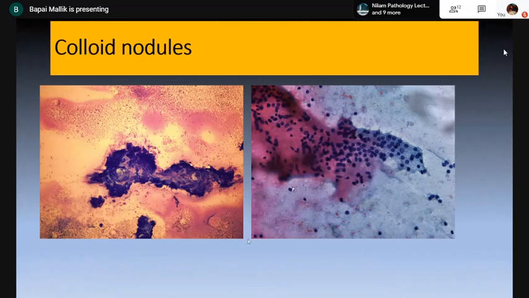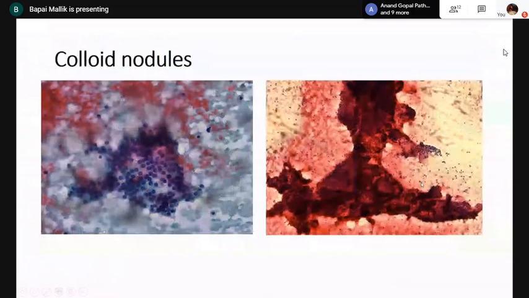Continuing with colloid nodules. So this is a colloid nodule, and you can have very, very large tissue fragments. This is one of the edges of one of the fragments on Papanicolaou stain. You see how beautiful, nice monolayered sheets they are present in. Some of the cells are just stripping off at the margins, almost as if they're trying to form some microfollicles.